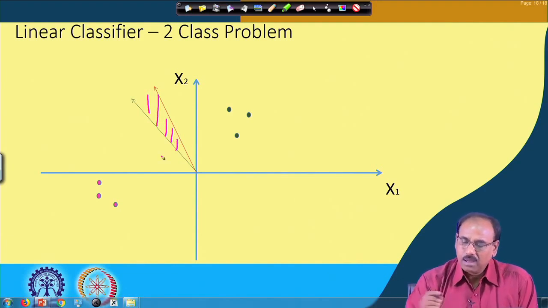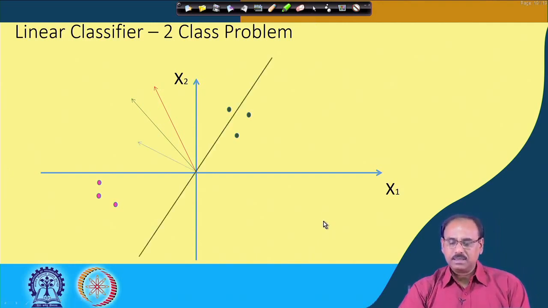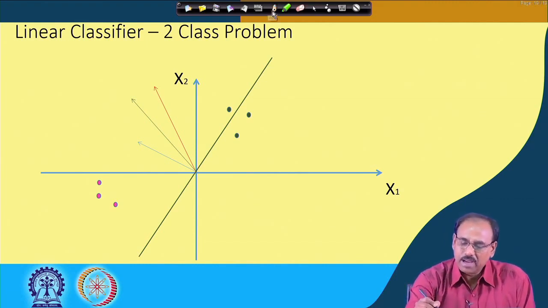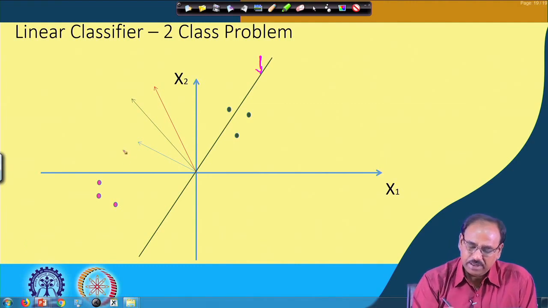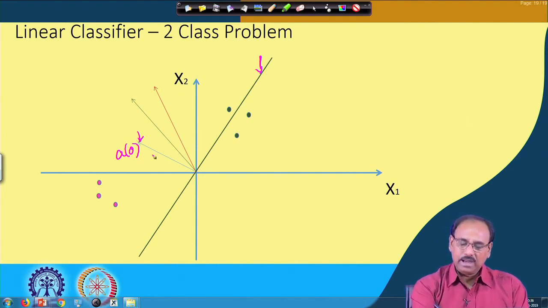Now, if I take an initial separating plane something like this, and the weight vector A or A 0 is this one, which is orthogonal to the separating plane, clearly the initial solution vector which I have chosen at random falls outside the solution region.